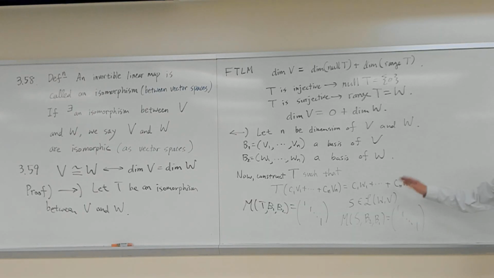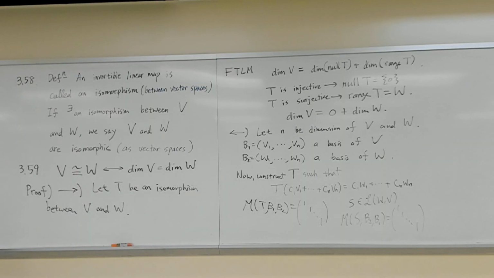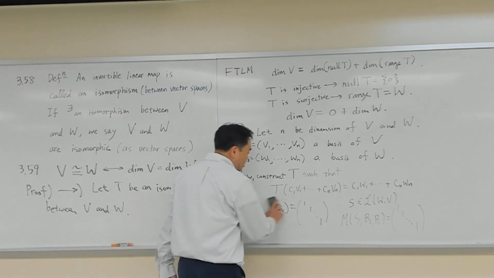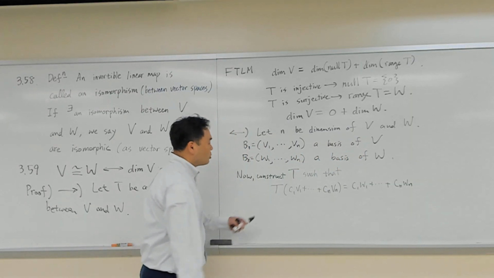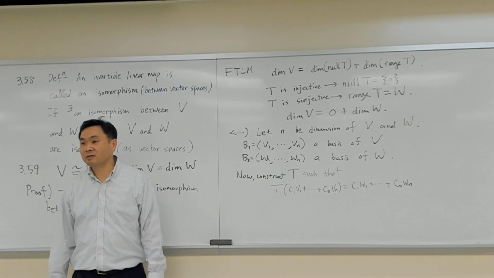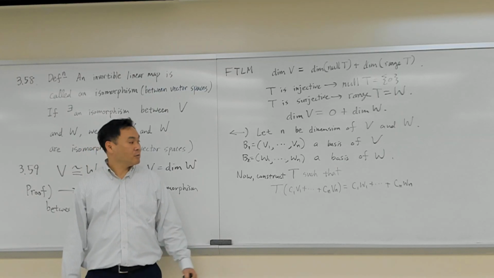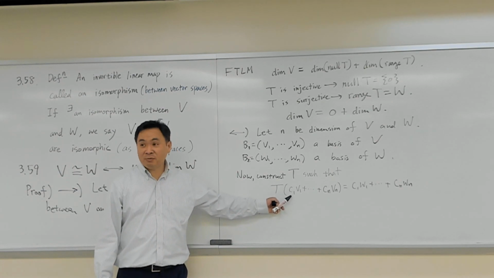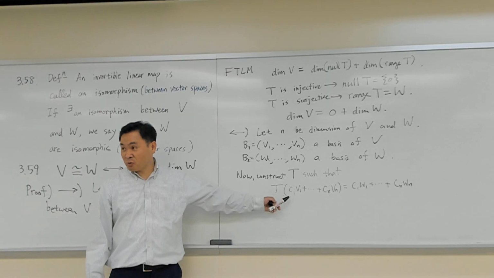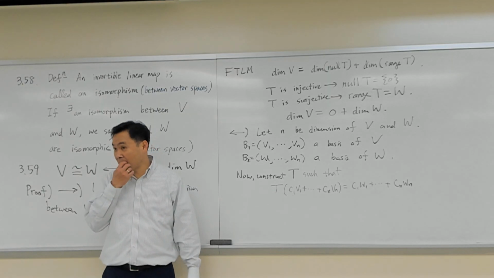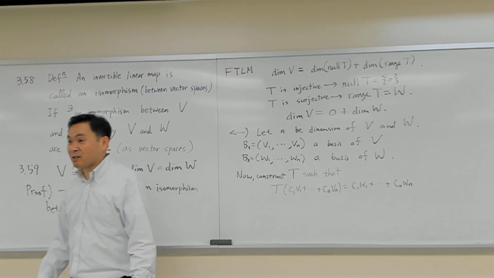Like if this is too vague and you don't like it, then another way to say is that, well, first of all, why is this well defined? This is well defined because for any V in V, there's a unique representation because V1 through Vn is the basis, okay? And once you have a unique representation, then the right side is just unique, right?